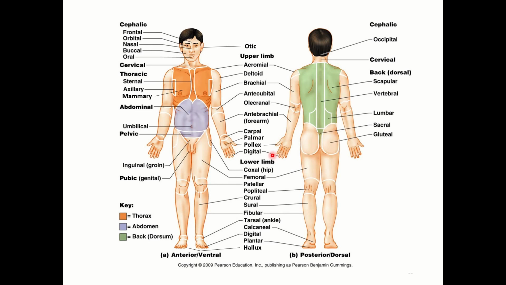For the lower limb, apologies, let me feature the scapular prior to moving to the lower limb, because the scapular is featured on the dorsal side, so it's posterior, but it is part of the upper limb.